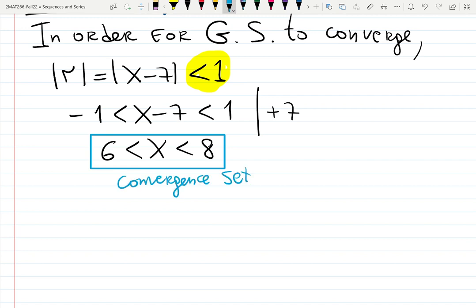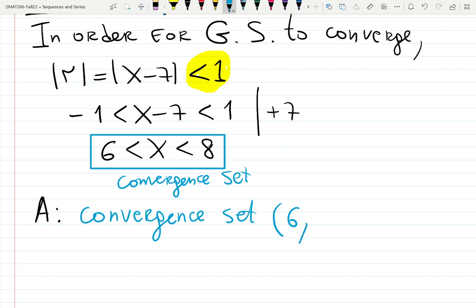I will introduce new terminology to you right now, and that's why this example is so important. Your homework will ask these questions. A convergence set is not written as inequalities.